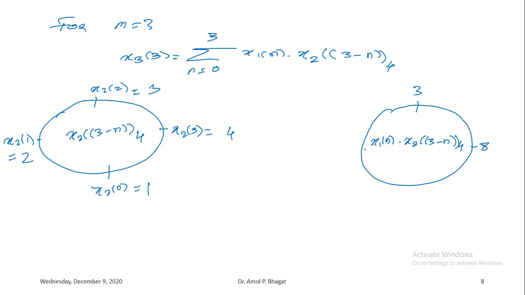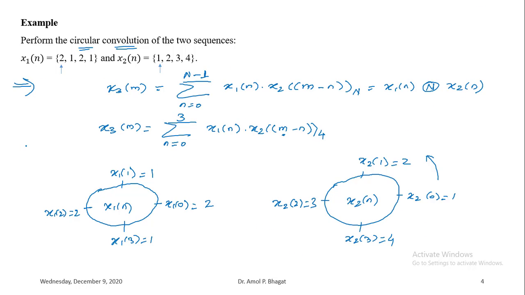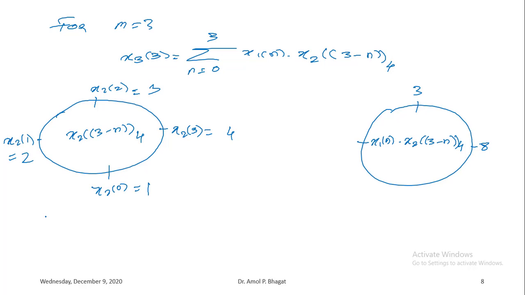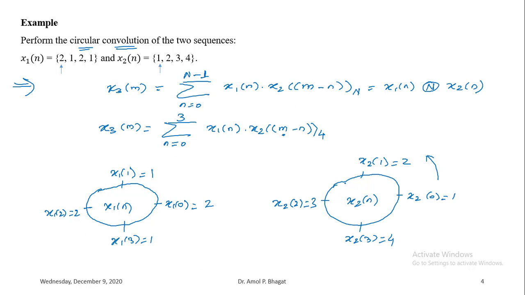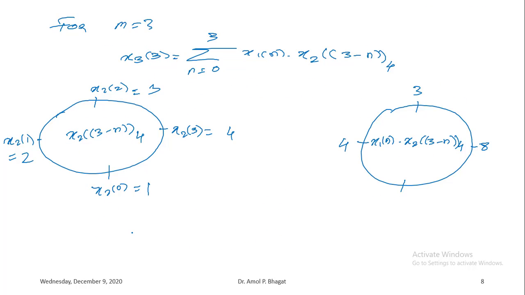Then next, here the value is 2, 2 multiplied by 2 will be 4. Then value is 1 here, so 1 multiplied by 1 is the value 1. So here I will get x3 of 3, right, by adding these values. So it will be 16 again, right? So x3 of 3 is 16, okay?